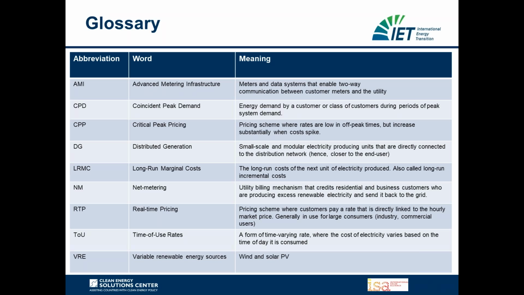You should get familiar with them, because this is terminology that you will always stumble upon once you deal with rate design. For instance, RTP, real-time pricing, or CPP, critical peak pricing. These are all terminologies you will get familiar with today and also in the next session in order to get a better understanding of rate design. So we have included this glossary for you.